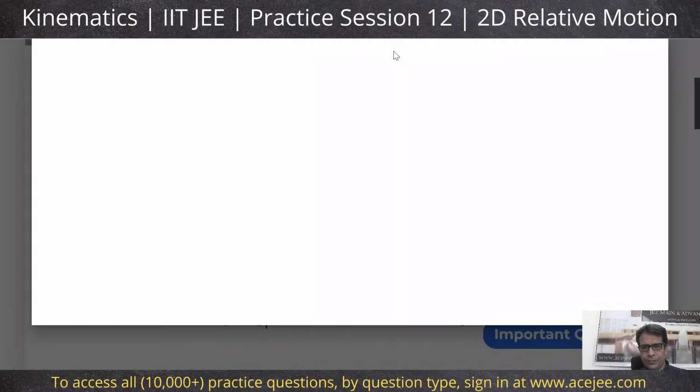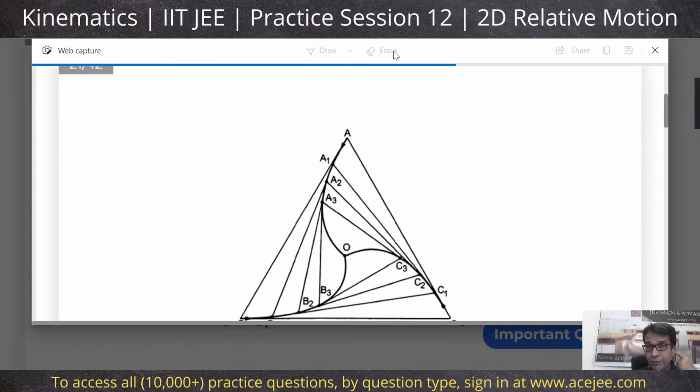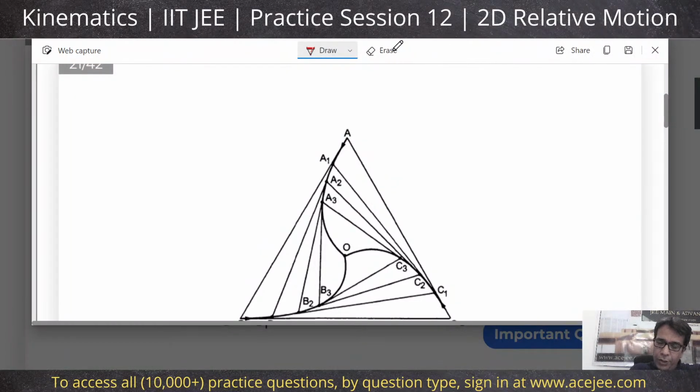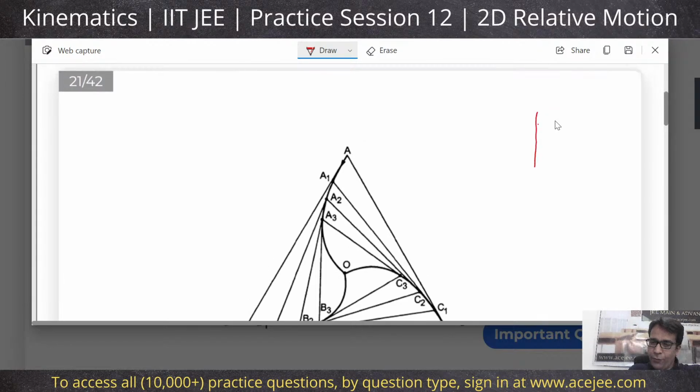Yes, sir. Okay. Now, instead of 3 particles along a triangle, you could have been given, let's say, 4 particles along the 4 vertices of a square. Right? So let's say A, B, C, and D. At time t equals 0, A starts moving towards B with speed v.